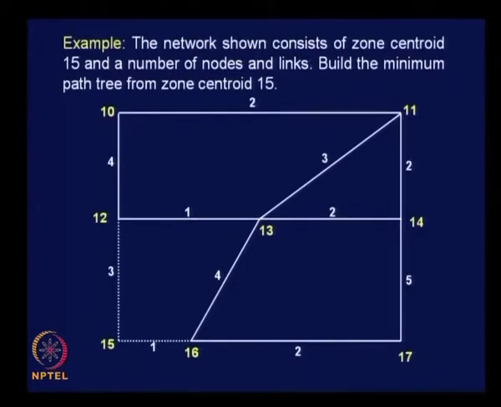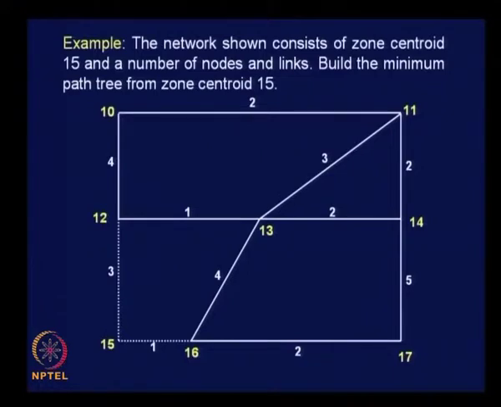It is just to understand the principle of building minimum path tree. To distinguish between zone centroid and other nodes, you can see 15 is connected by dotted lines and all other links are continuous lines, right. Let us see how to proceed further to build the minimum path tree.